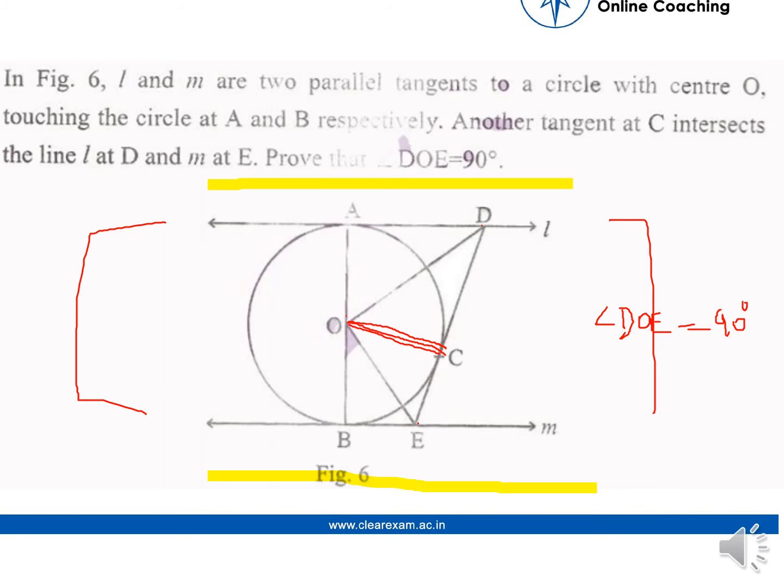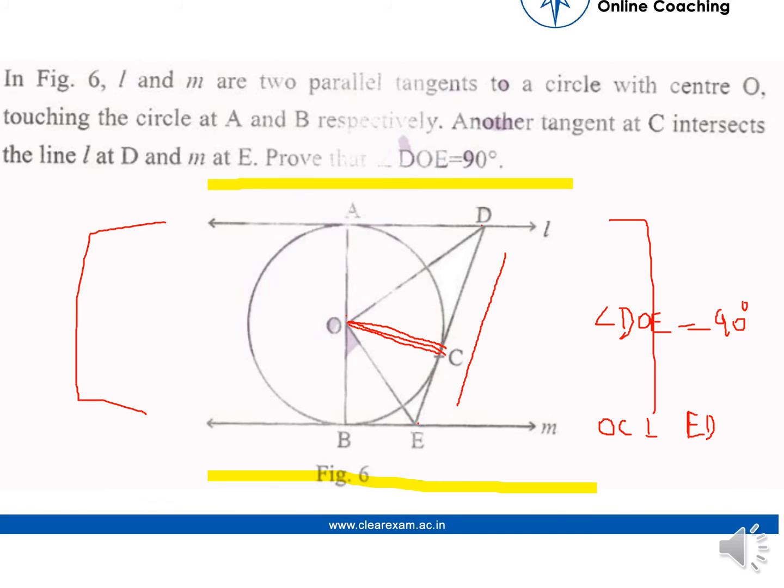Earlier we studied that a tangent is always perpendicular to the radius of the circle. So we can say that OC is perpendicular to ED.